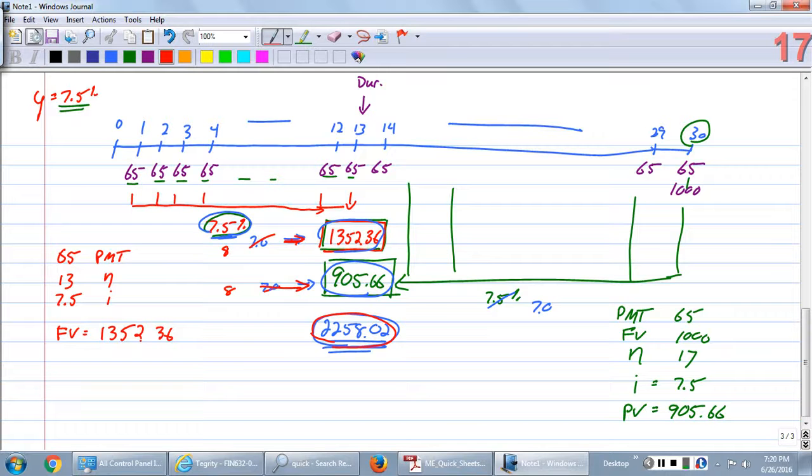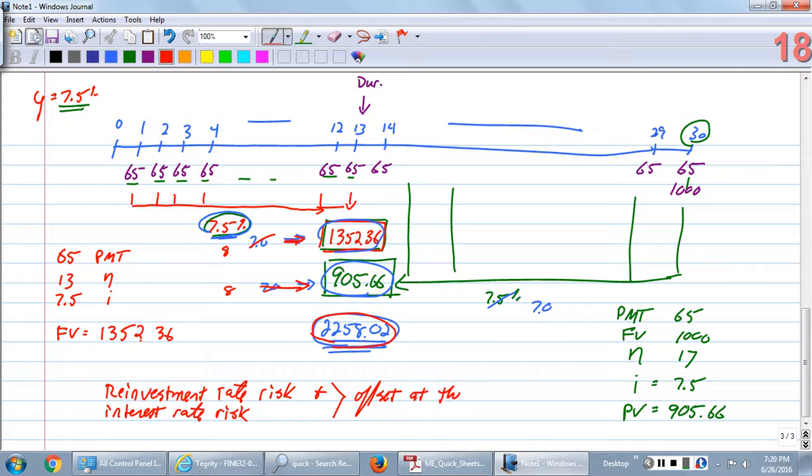This phenomenon where your reinvestment rate risk, that's the risk that your reinvested cash flows are going to be different, and the interest rate risk, that's the risk that your bond price is going to change, offset at the point of duration.